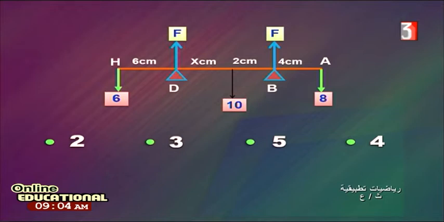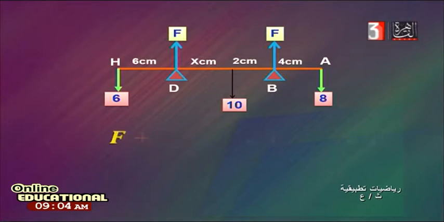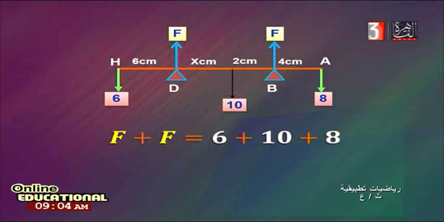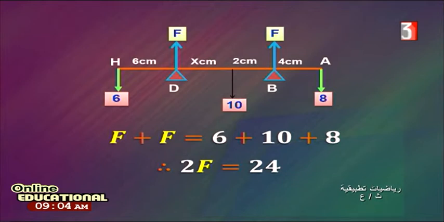What is the value of x? Is it 2 or 3 or 5 or 4? We know that the sum of the forces up equals the sum of the forces down. 2F equals 24. The value of F equals 12.